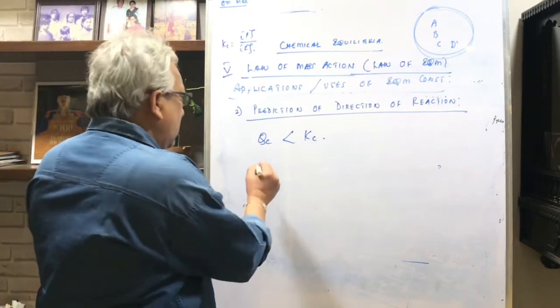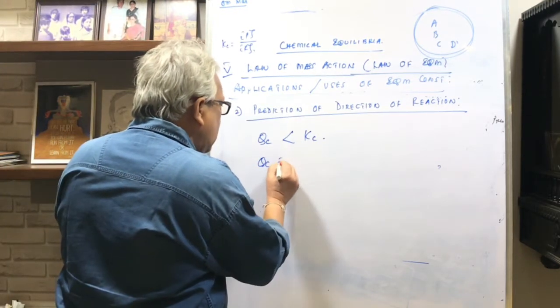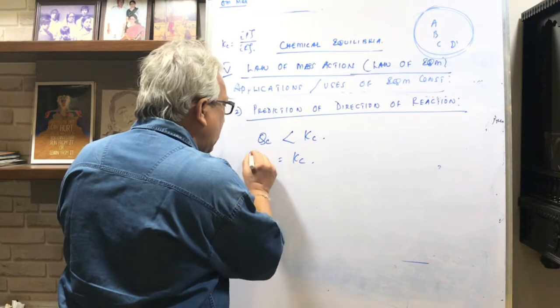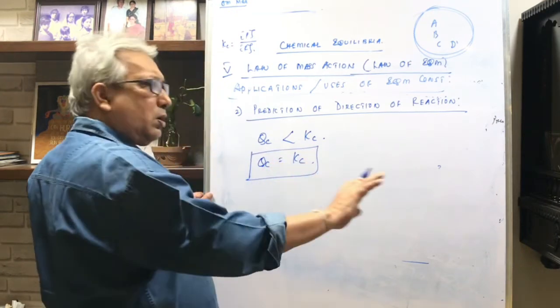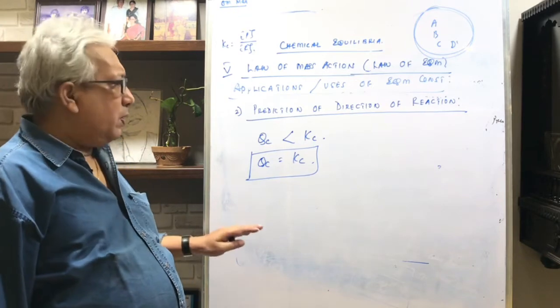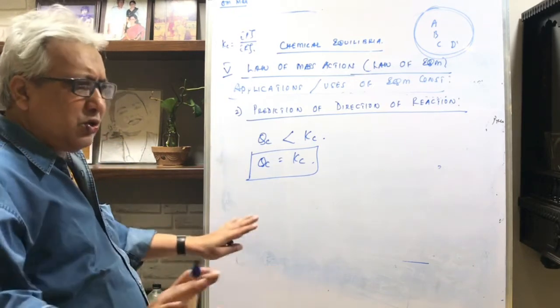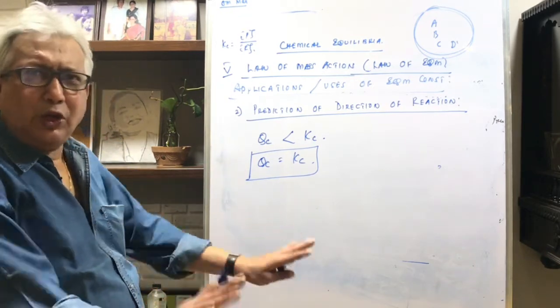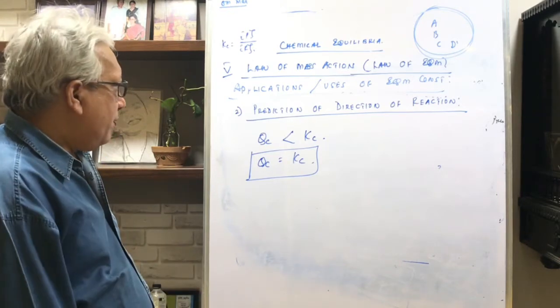But if you find Qc is equal to Kc, you say the reaction has come to a completion because the equilibrium is achieved, right? The equilibrium has been achieved, so the reaction has come to an apparent standstill.